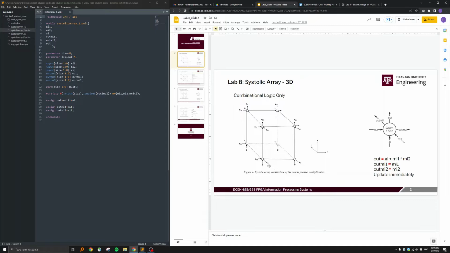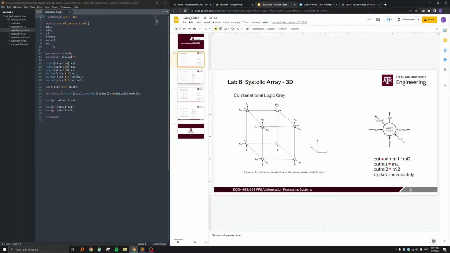As you can see in this figure, there is A11, A21, A12, A22. Same for the B matrix here. We have 4 entries of the B. And the result of A times B will be saved in matrix C here. As you can see, we have C11, C12, C21, C22 here, right?